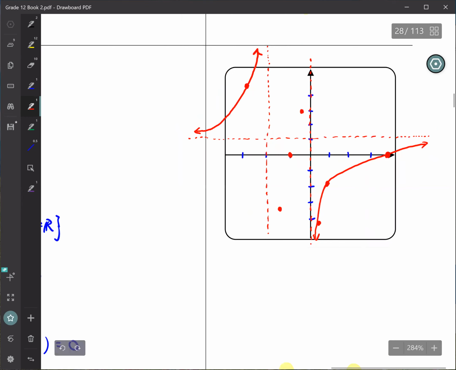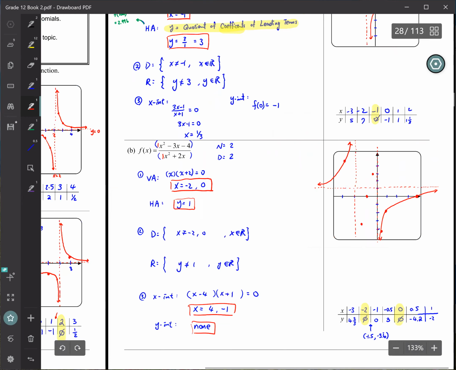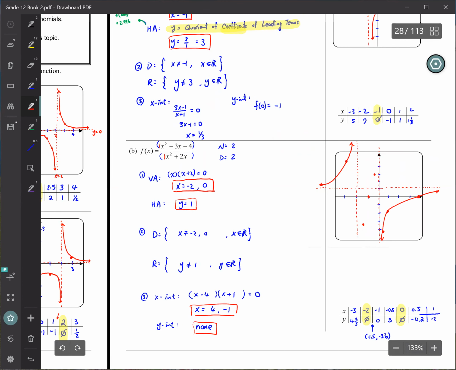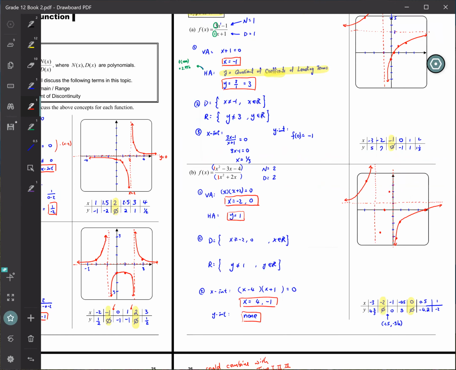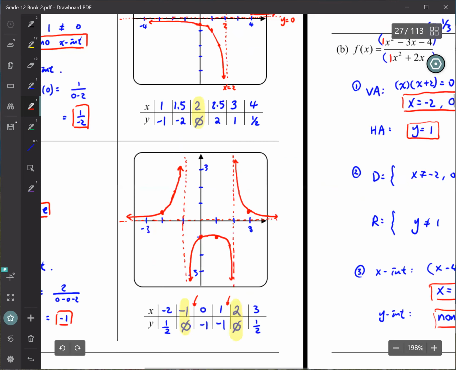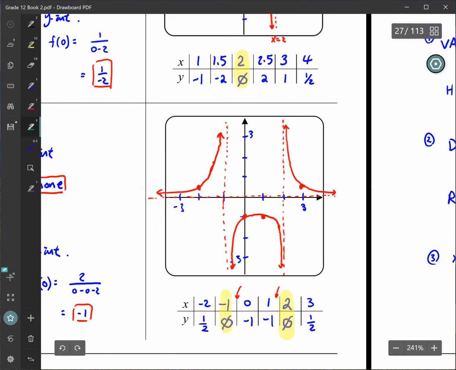If you compare this question with the previous page, the one that also has 2 vertical asymptote lines, the graph that we had before, the one on the left is on the top, and the one on the right is also on the top.